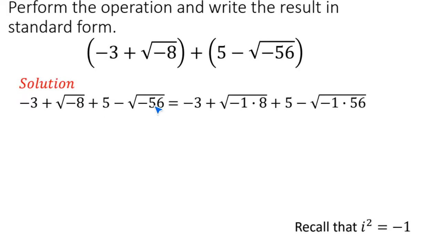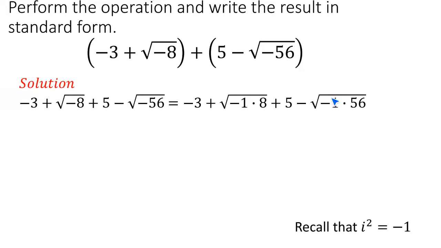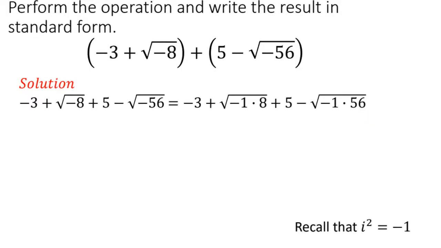So we have -3 plus the square root of -8 plus 5 minus the square root of -56. For the -8, I'm going to go ahead and write it as -1 times 8. That's the same number, I'm just rewriting it. And -56, I'm going to write as -1 times 56.